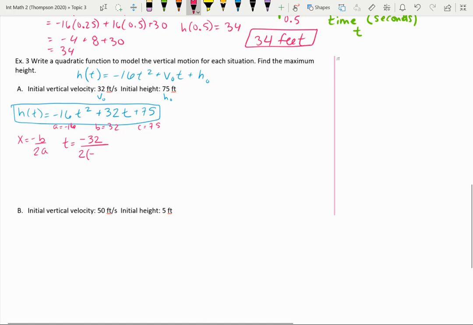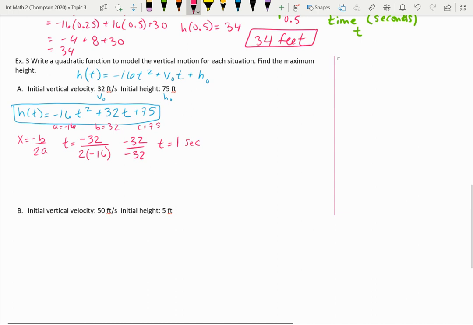And on bottom, I have divided by 2 times negative 16. And we get a time of 1 second. So that's the time where the maximum height occurs. It's the first coordinate of the vertex, but I need to find the height.